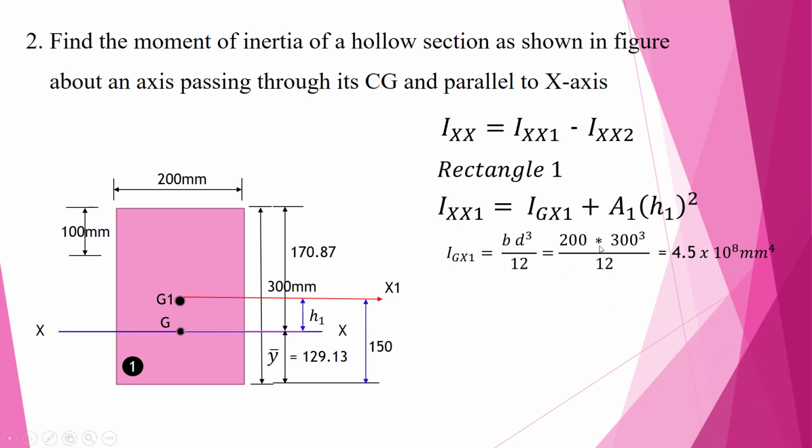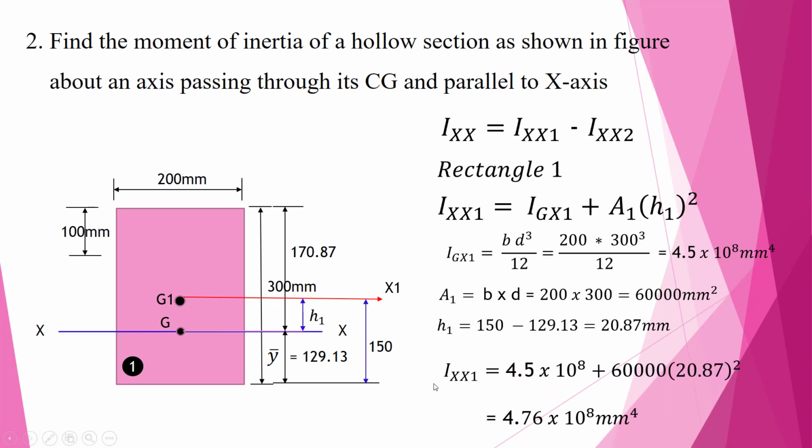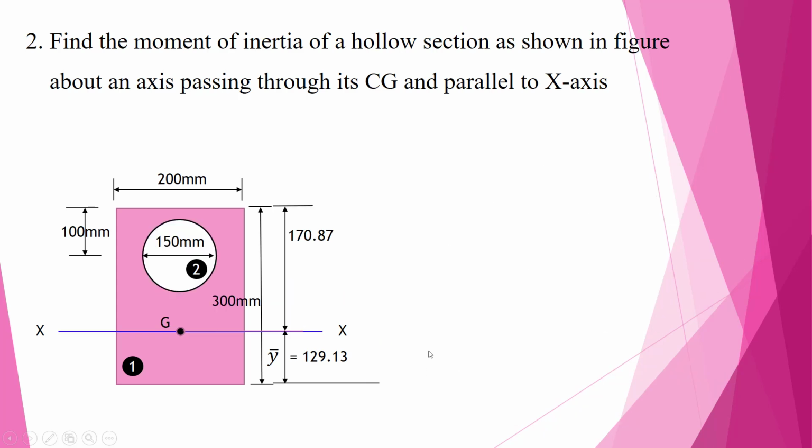It is equal to 200 into 300 cube by 12, which is equal to 4.5 into 10 raised to 8 mm raised to 4. Then A1 is B into D, which is equal to 200 into 300, which is 60,000 mm square, and h1 is equal to 20.87 mm. Therefore, Ixx1 is equal to 4.5 into 10 raised to 8 plus 60,000 into 20.89 square, which is equal to 4.76 into 10 raised to 8 mm raised to 4.